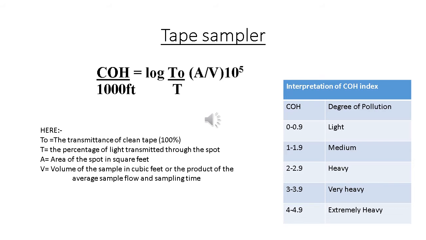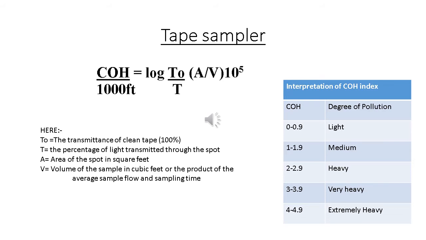The equation to find the COH: COH per 1,000 feet is equal to log T0 divided by T, into A by V, into 10 raised to 5. T0 is the transmittance of clean tape, that is 100% clean tape.